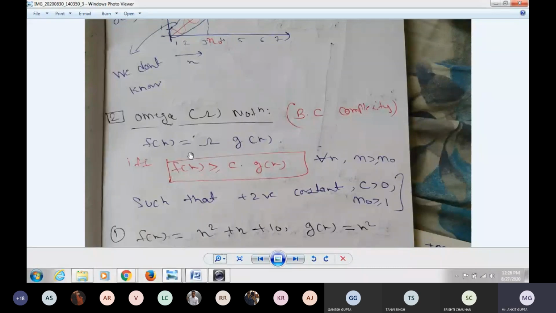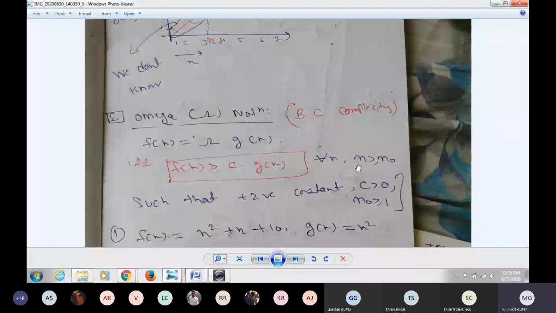So f of n is big omega g of n if and only if f of n is greater than or equal to c into g of n for all n greater than or equal to n naught, where c and n naught are two positive constants, c greater than 0 and n naught greater than or equal to 1.